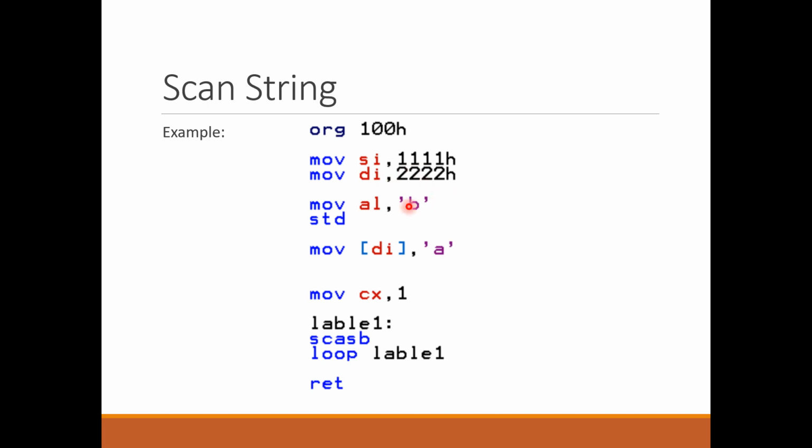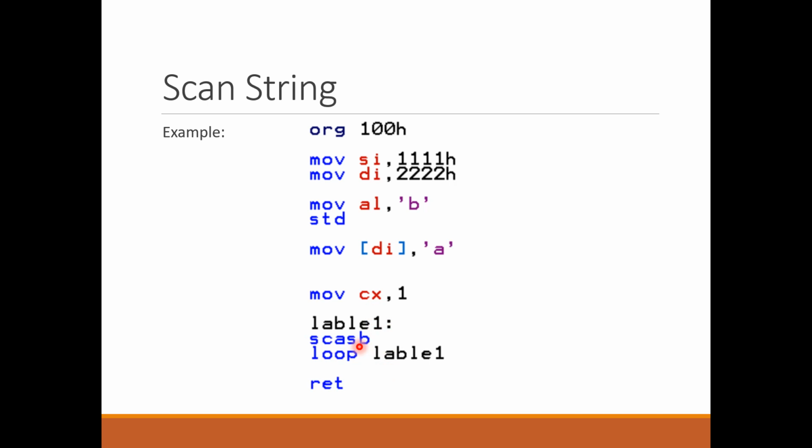So we are saying move the source index this value and this one, and we are saying move AL, B, and STD in order to let the incrementation or decrementation of the memory location be specified. So we are saying move this memory location, whose offset is specified by the destination index, this value, and we are just repeating this loop only one time, and we are saying scan string in byte. Okay, SCASB.